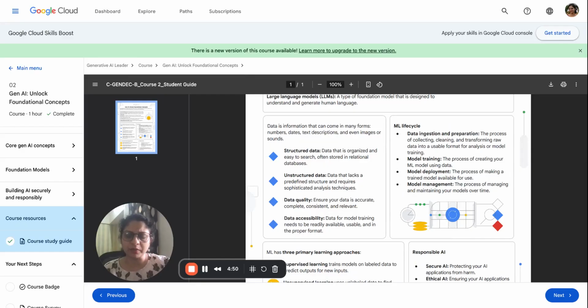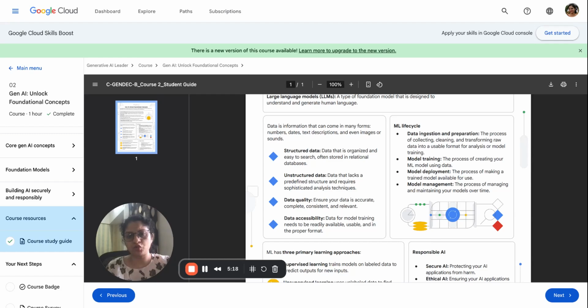And then in the next chapter, we discussed the data, what data is, and why data is important. Data comes in many forms like text, dates, numbers, images, and sound as well. We segregated this data into structured data and unstructured data, and then we emphasized data quality.